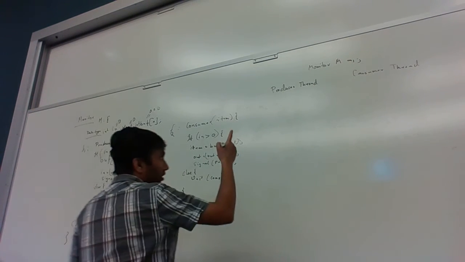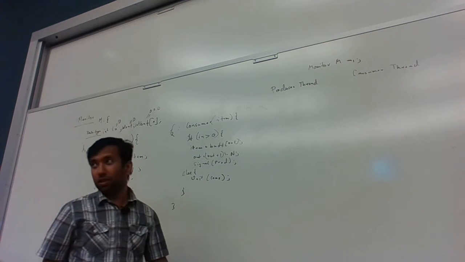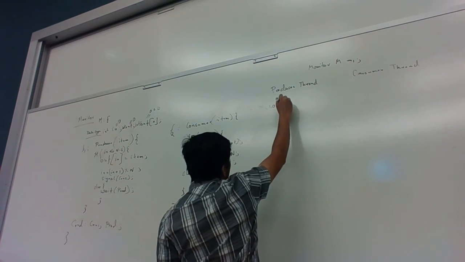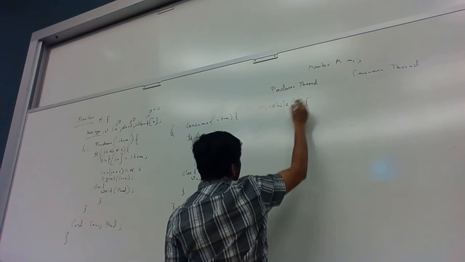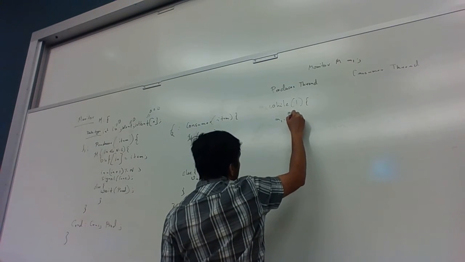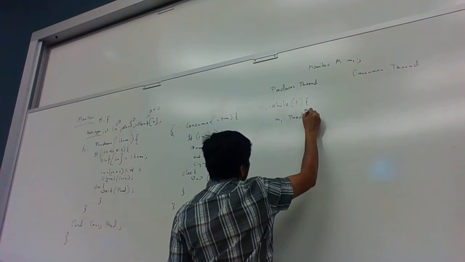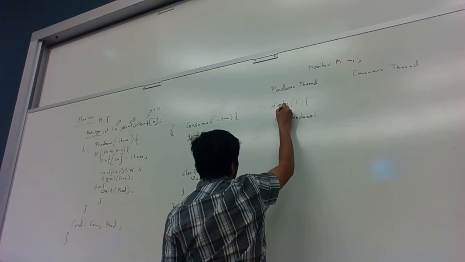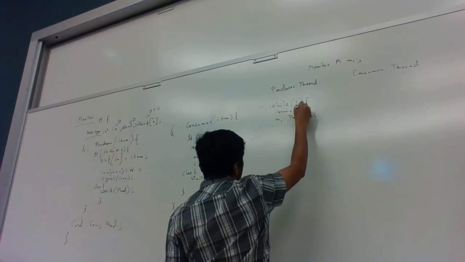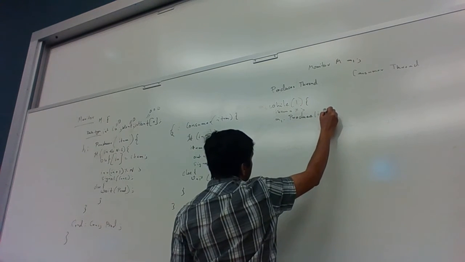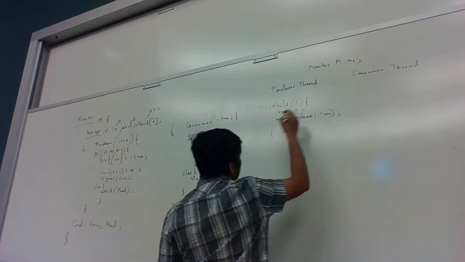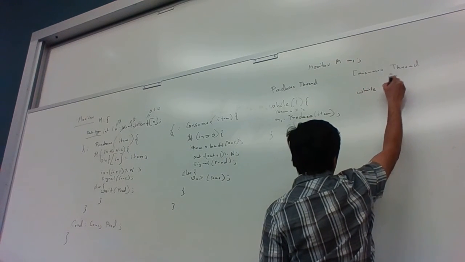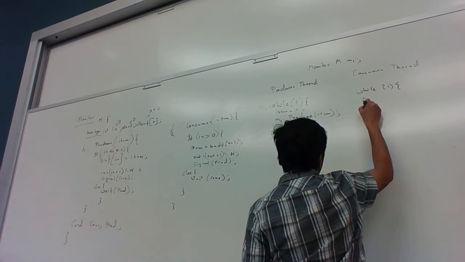It is a global instance, shared by both the threads. Then the producer does, in a while one loop, M1 dot produce, with item equals X, produce item. And the consumer, in a while loop, does the consuming.